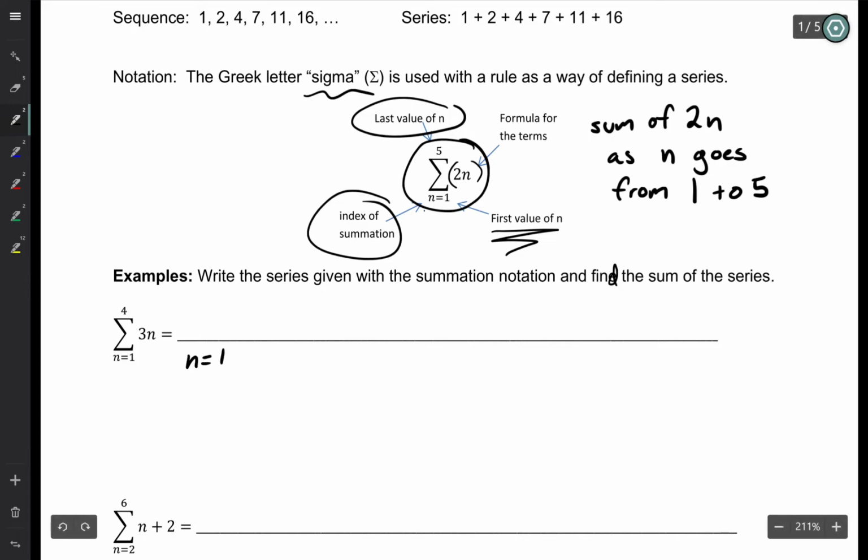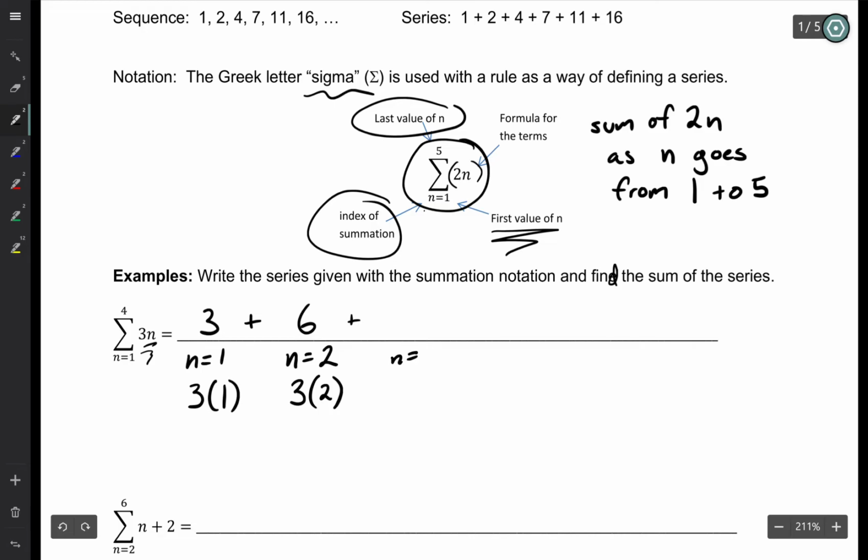Then plug in 1 for n. That's 3 times 1, so my first term is just going to be 3. For my next term, I'm going to make n 2, so just increase n by 1 each step. n equals 2 is going to be 3 times 2, just plugging 2 into this formula here. That's going to be 6.